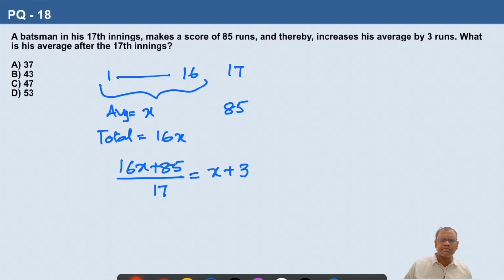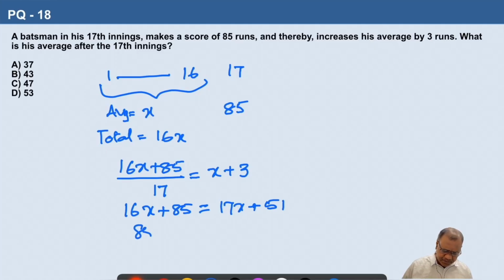So now if you simplify this, you will get the average of the initial 16 innings. So simplify this, 16x plus 85 by cross multiplication 17x plus 17 3s 51.